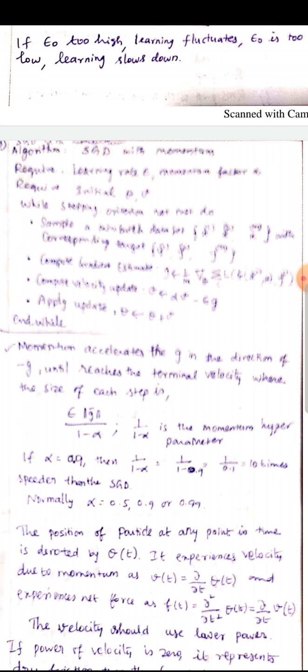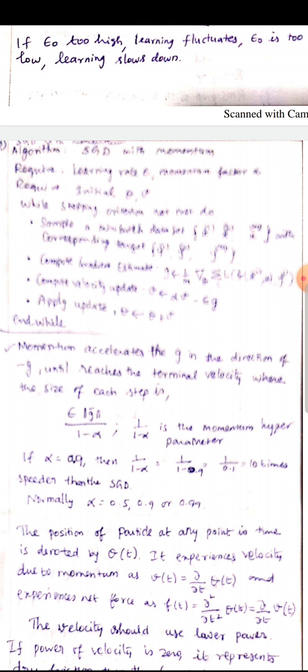So 1 by 1 minus alpha here is the momentum hyperparameter, and if alpha is 0.9 then 1 by 1 minus 0.9 is nothing but 10 times. So what it indirectly means is this SGD with the momentum is having 10-fold higher speed than stochastic gradient descent. So this is the logic.